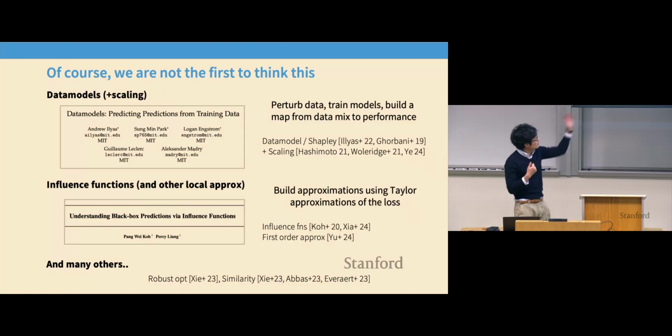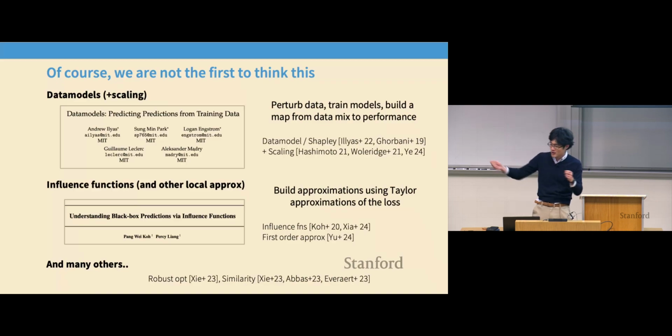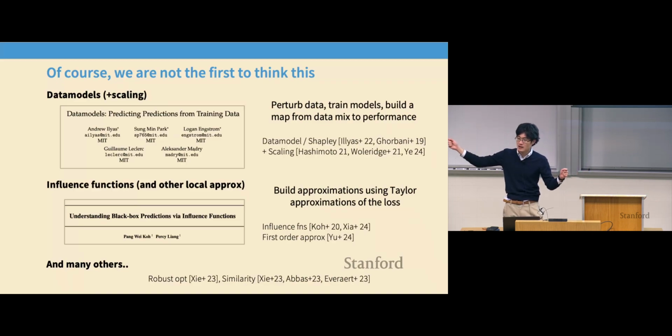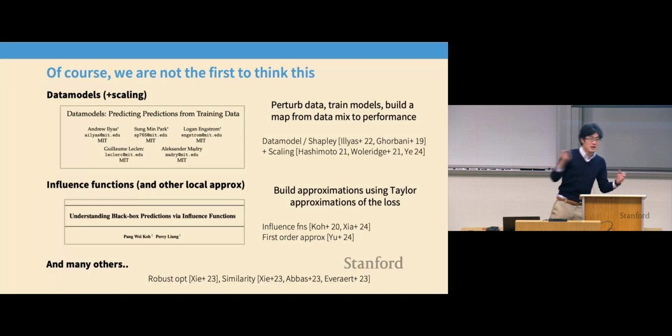Some folks here, Percy, who's upstairs, and others proposed influence functions, and you can think of this as a Taylor approximation to how the model trains. We can't reason about how changing one piece of training data affects the whole training process, but maybe we can reason about small perturbations, like upweighting or downweighting data points, and how that might affect my final model.